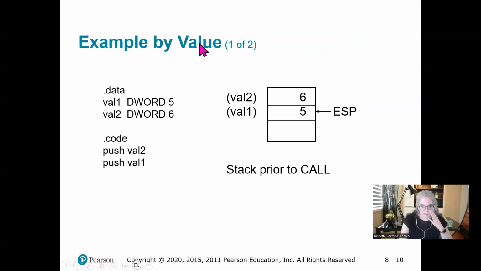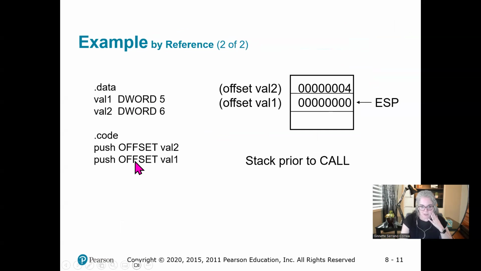So here's an example of passing by value. Again, when you're pushing by value, you're just pushing 6 and 5. You're pushing the values of them. But when you're passing by reference, you push the offset of the value. Remember, offset gives you the address of this variable in memory.